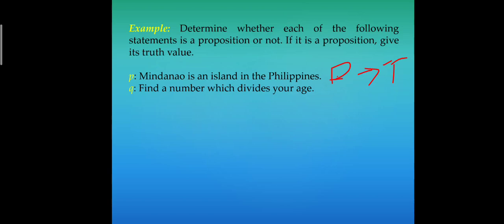When we say imperative sentence, it is a statement used to issue a command or instruction or make a request. The statement says find a number, so it is giving an instruction. Therefore, it is not a proposition. And since number 2 is not a proposition, we need not find the truth value.